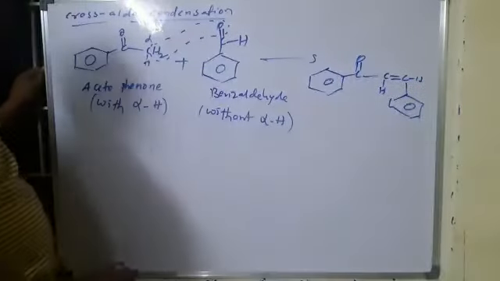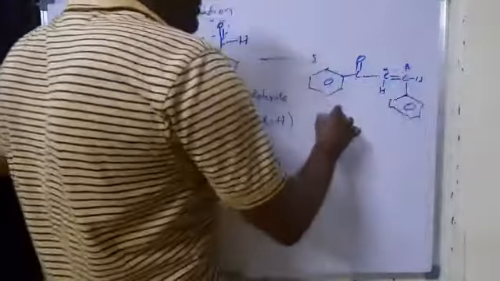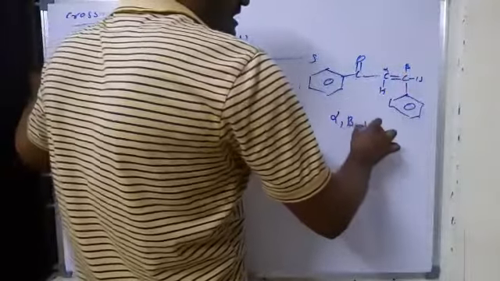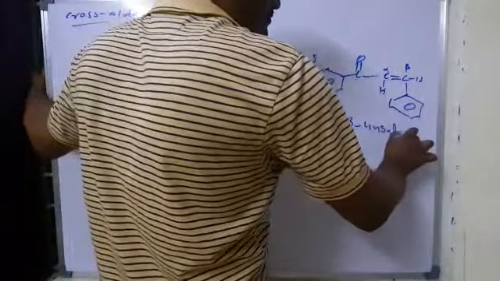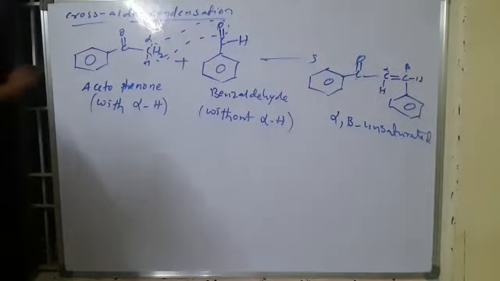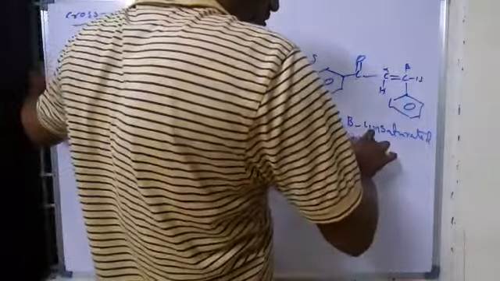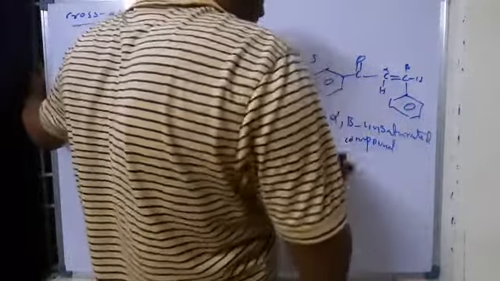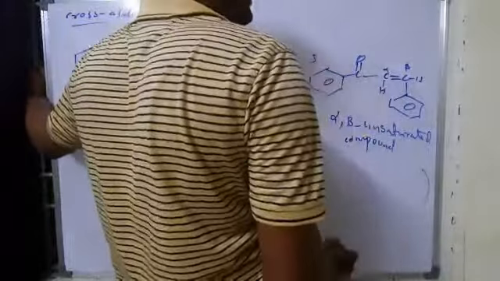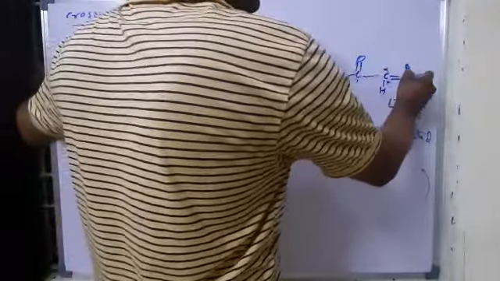Okay, this is an alpha beta unsaturated product. With respect to this, it is an alpha beta unsaturated compound. The IUPAC name of this compound is what? With respect to C double bond O, first priority, 1, 2, 3.